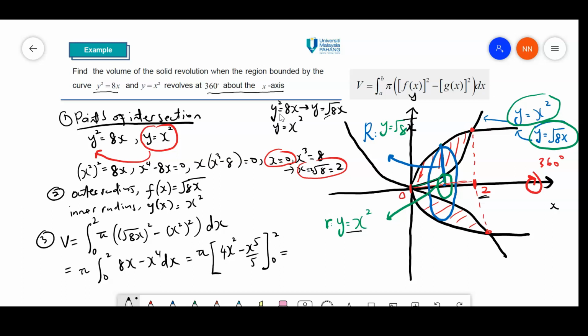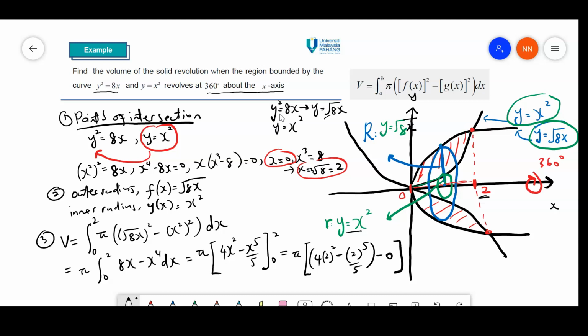Okay, so now I substitute the limit, so pi times (4 times 2 squared minus 2 power 5 over 5) and then minus 0. Okay, minus 0.